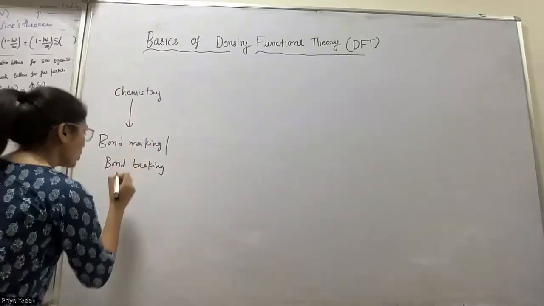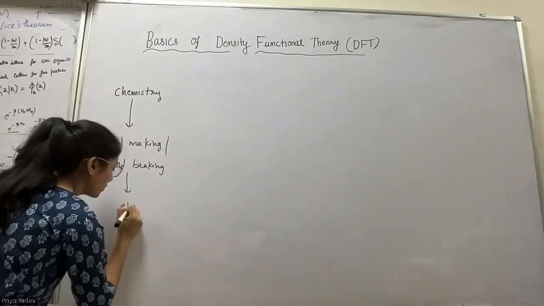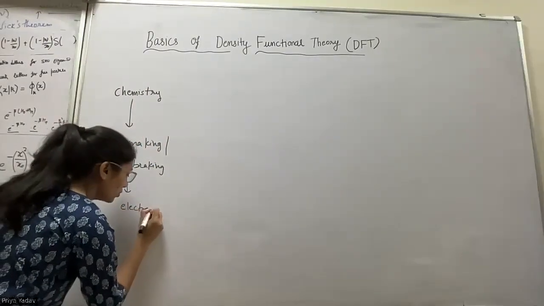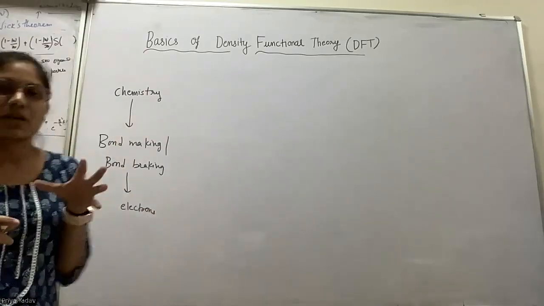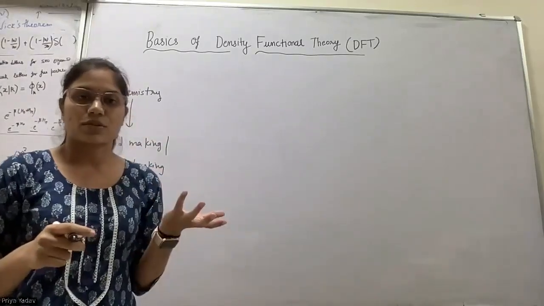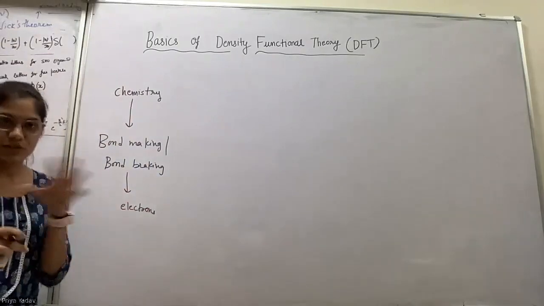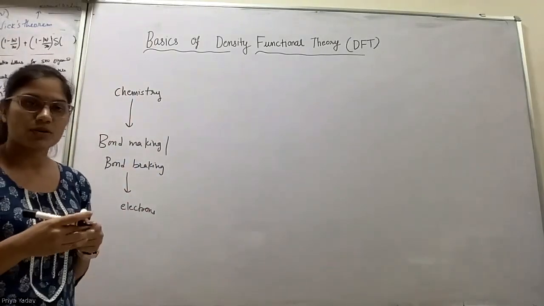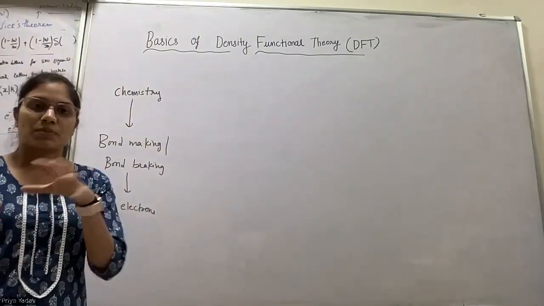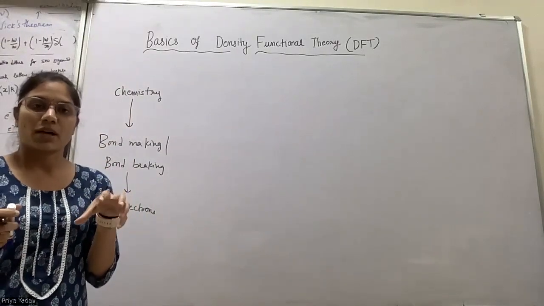So these bonds are made up of electrons. So if I want to understand chemistry, I have to somehow understand electrons. That's what electronic structure theory is about. It studies the electron in matter.